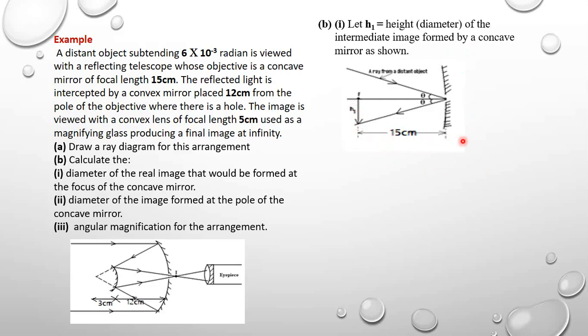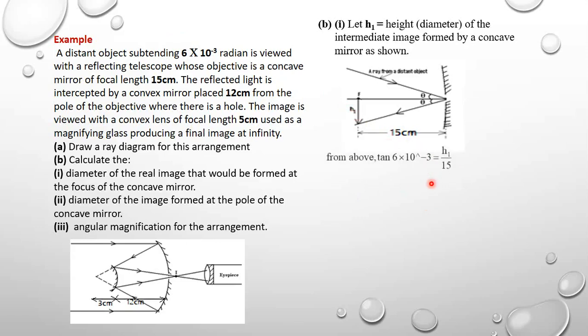15 centimeters. Now if I want to get this, theta is a small angle measured in radians. So theta is approximately equal to tan theta, which is equal to opposite h1 over adjacent, which is 15. So theta, which is 6 times 10 power negative 3, is equal to h1 over 15.